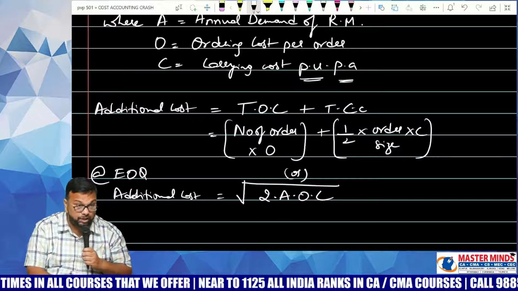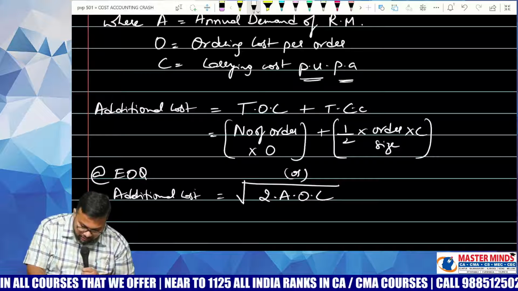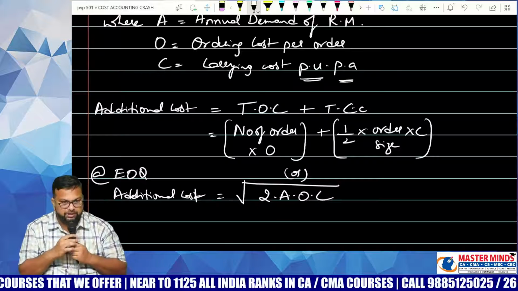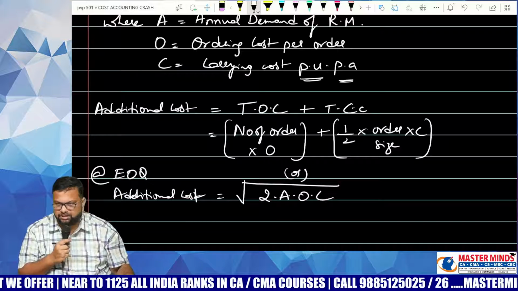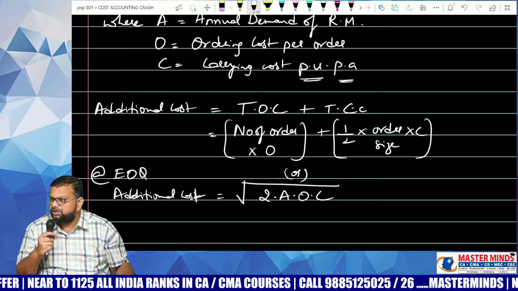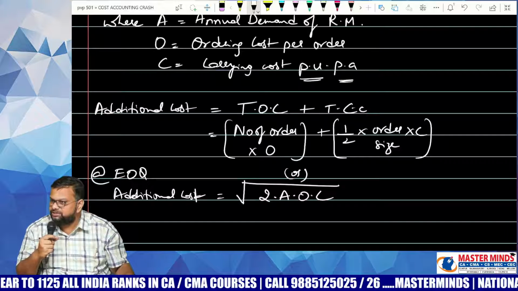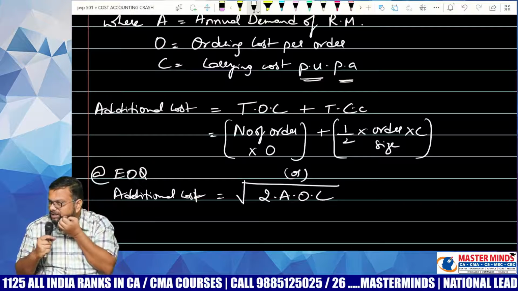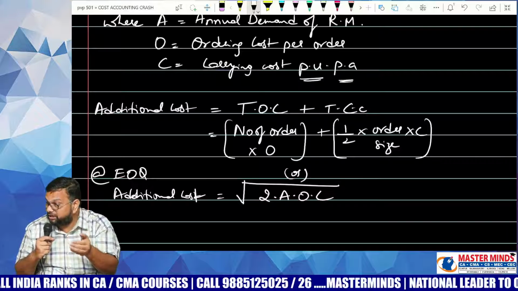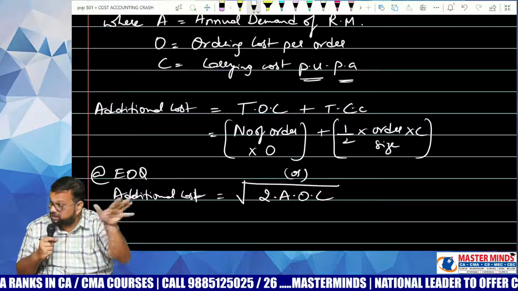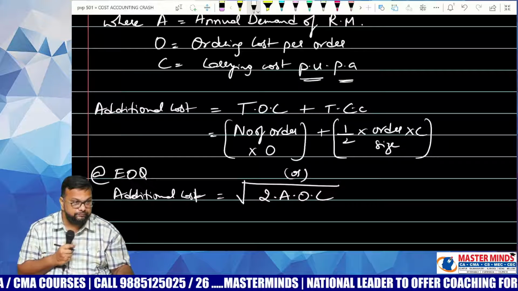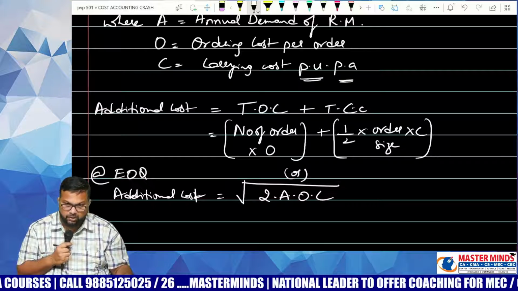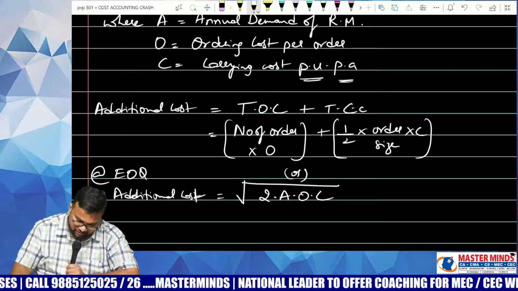At EOQ, additional cost formula, you can use this one. Or else you can use the traditional formula: TOC plus TCC, where TOC is number of orders into O and TCC is half into order size into C. There is one more way of calculating additional cost at EOQ. So you can apply this formula only at EOQ.